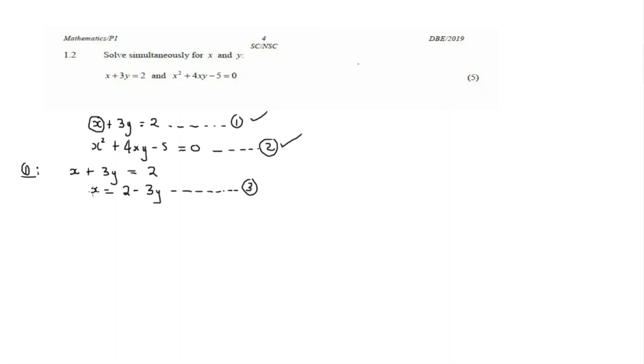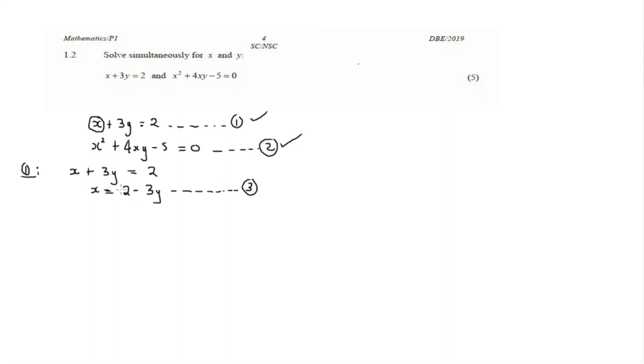So the first thing we must do is take the two equations and name them equation 1 and equation 2. Then we take equation 1 and make x the subject of the formula, as I explained that we have to take the variable with the coefficient of 1 and make it the subject of the formula.